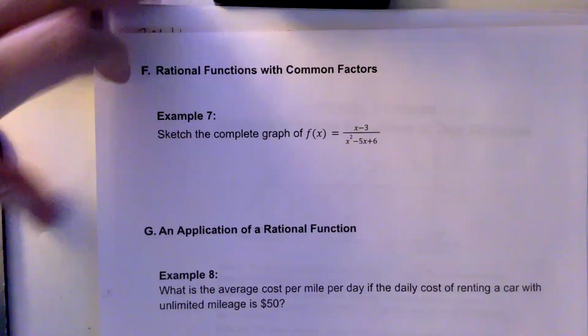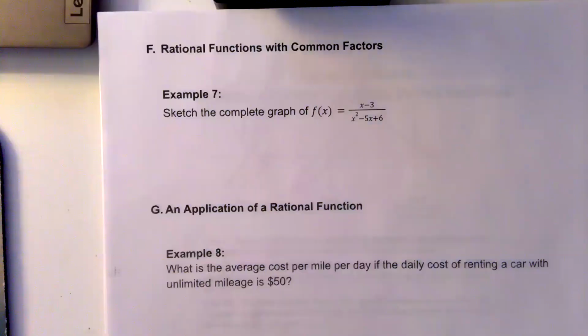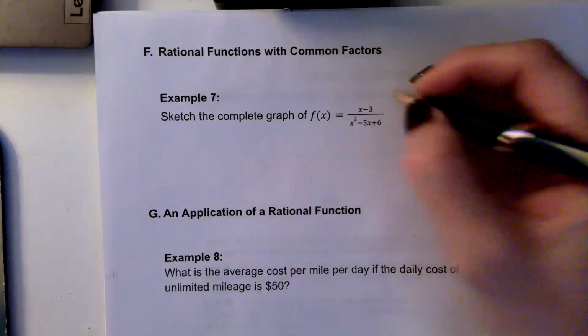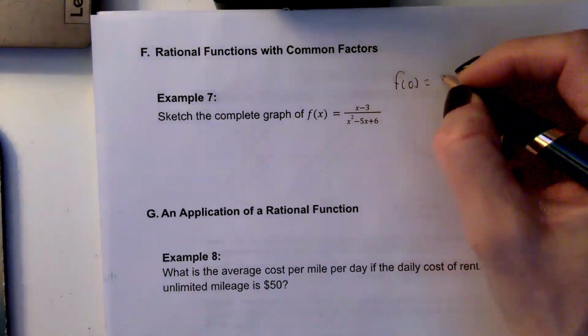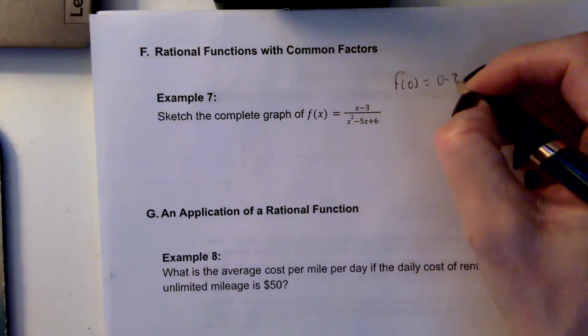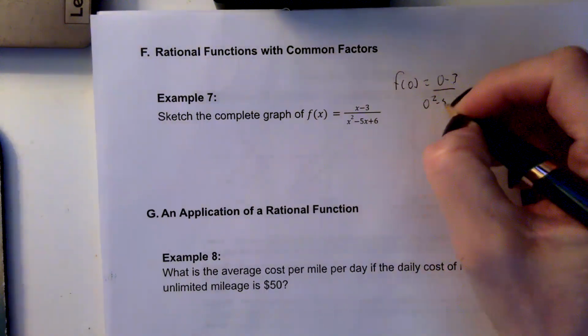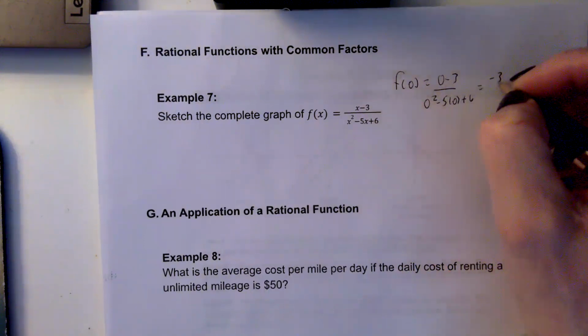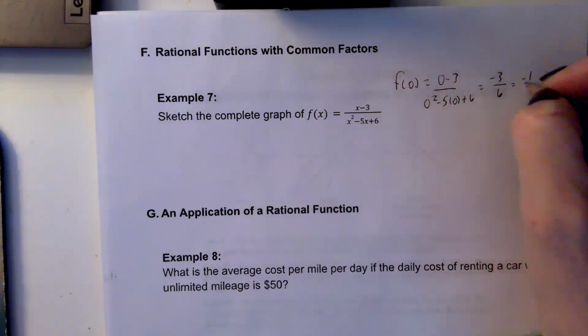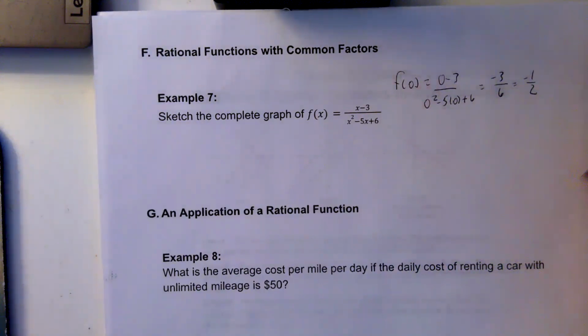Okay. Example 7 says sketch the complete graph. So we've looked at these. Let's see what we can learn from here. If we look at f of 0, we can find the y-intercept. We have -3 over 6, which is -1/2.